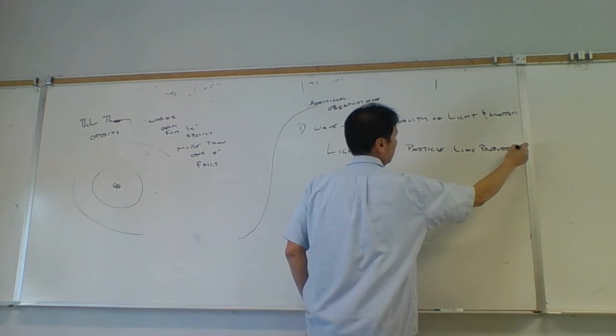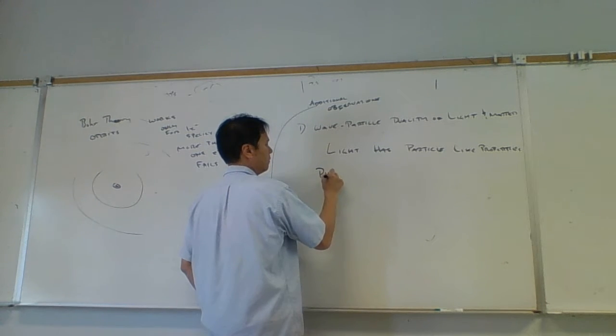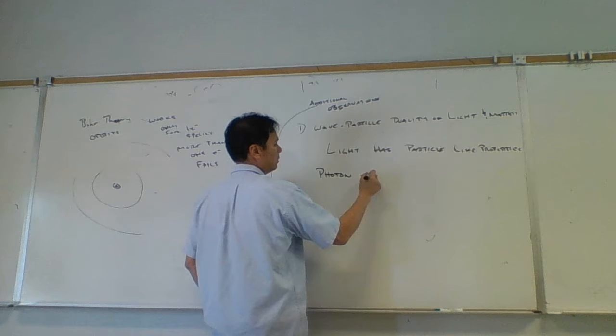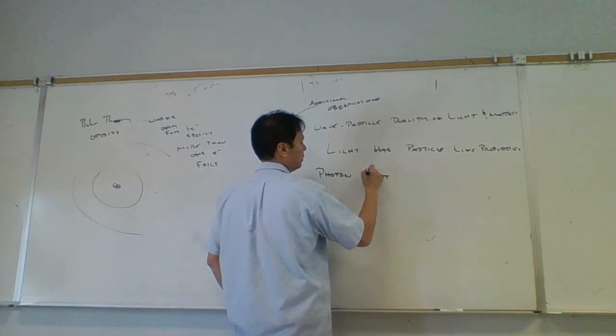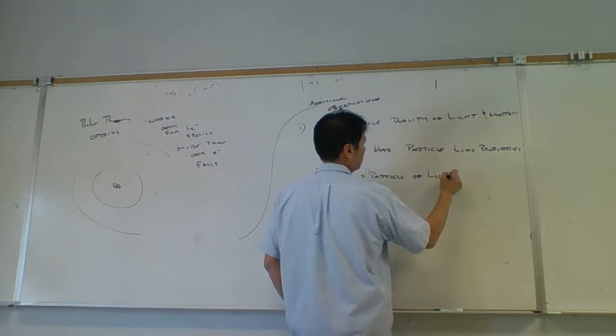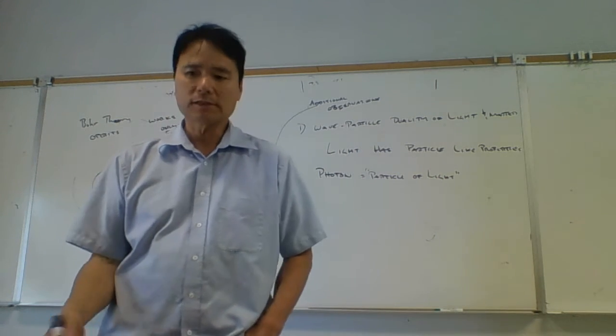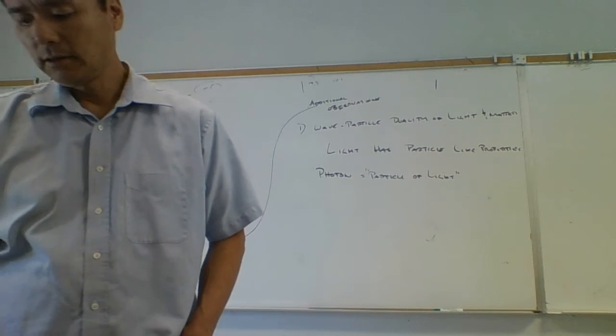A particle of light is called a photon. And photons come in different sizes or energies.